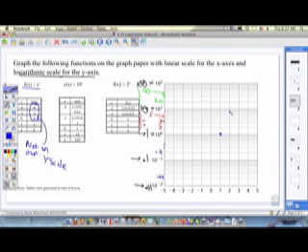Here's 10, so 2, 8. If we extended this, we would get 3, and what is 3 cubed? 27, right? So now we can plot 3, 27 on our graph.